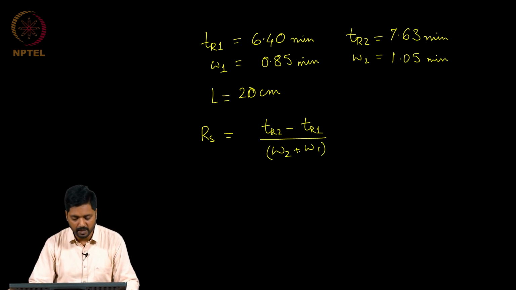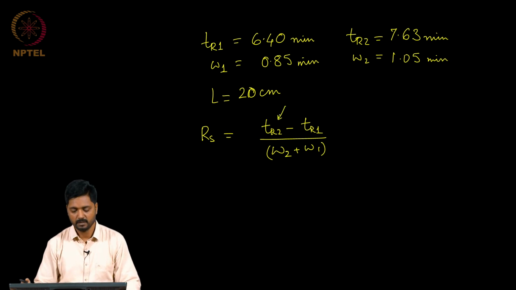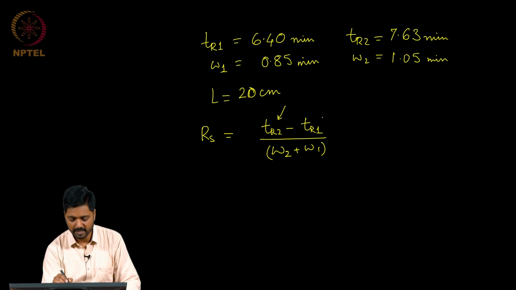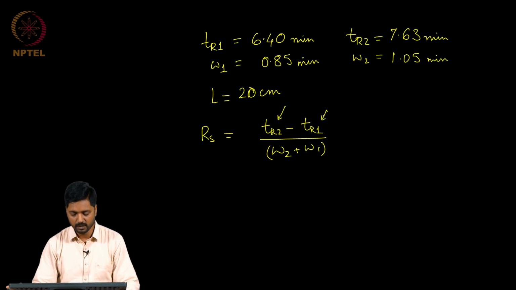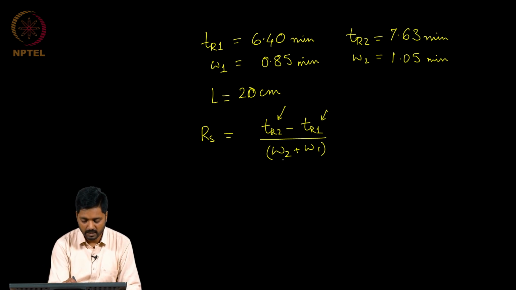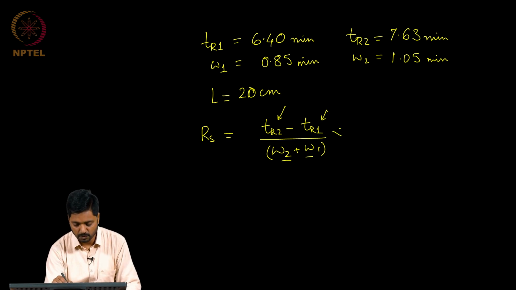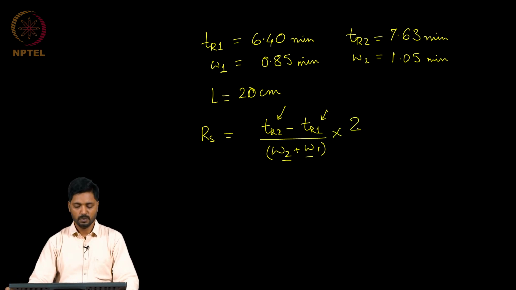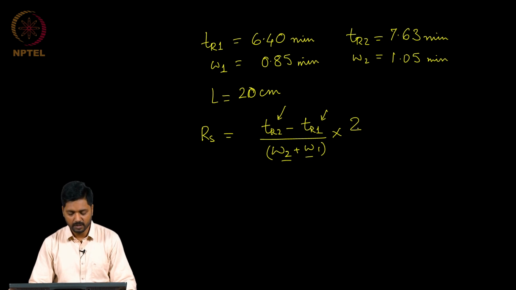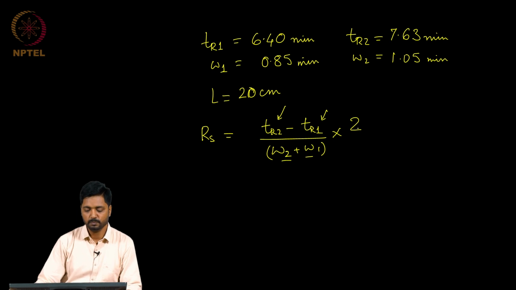So, the resolution RS is given as the retention time for analyte 2 minus the retention time for analyte 1 divided by the width at the base for analyte 2 plus the width at the base for analyte 1, and this whole multiplied by 2. So, please note here that we will not require the Tm value even if it was given for calculating the resolution for the two peaks.